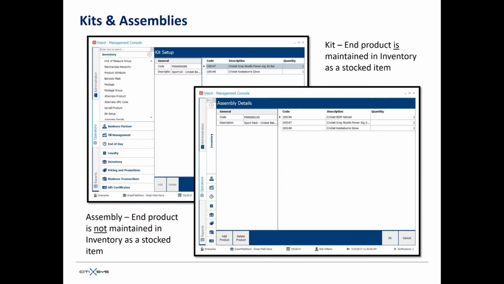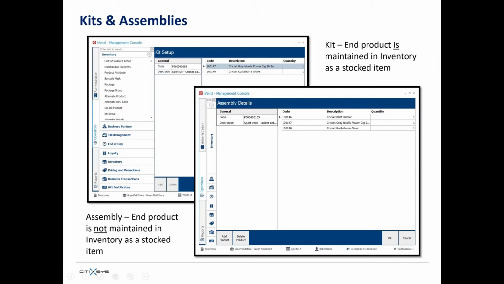Like I said, in a kit, as you can see in the screenshots here, the end product is a stock product, and it's maintained in your inventory. So you actually create a parent kit product in your inventory, unlike the assembly.